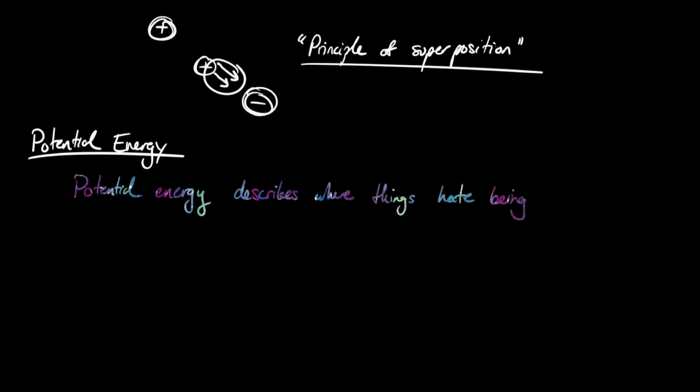And I'm actually going to say, large positive potential energy describes where things hate being. Okay? This is a phrase. If there's nothing else you take away from Physics 2, this is probably the one to remember. In fact, this probably is the one to take away from Physics 1 as well, because it's just that central.